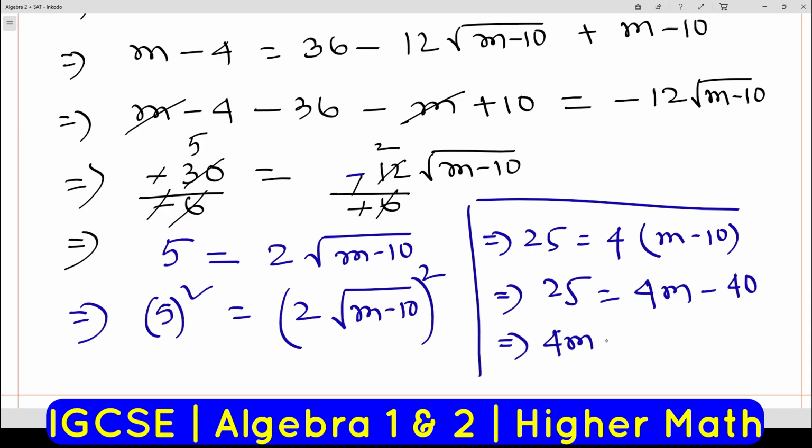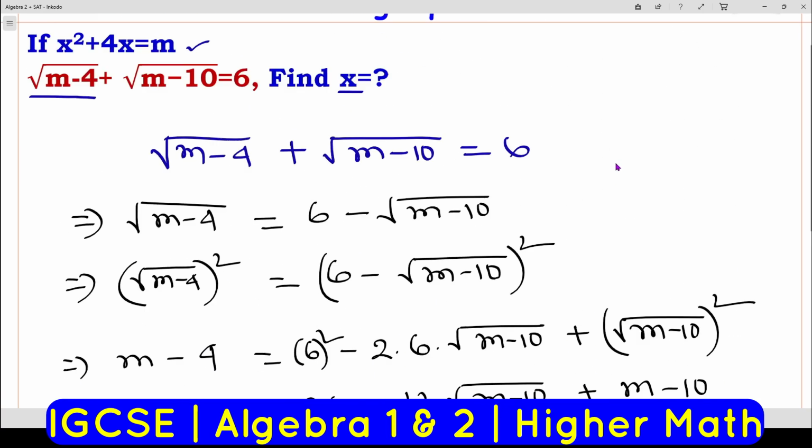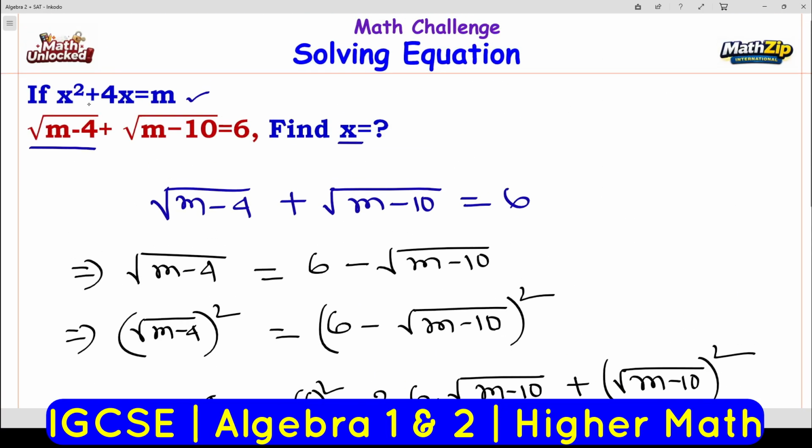So 4m minus 40 minus 25 equals 0, right? So finally we get 4m minus 40 minus 25 is minus 65 equals 0. Now our main work will start, because here it is mentioned m equals x square plus 4x.